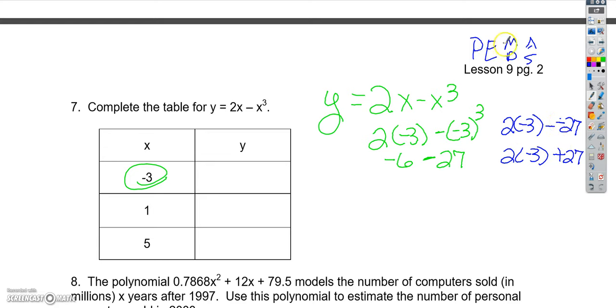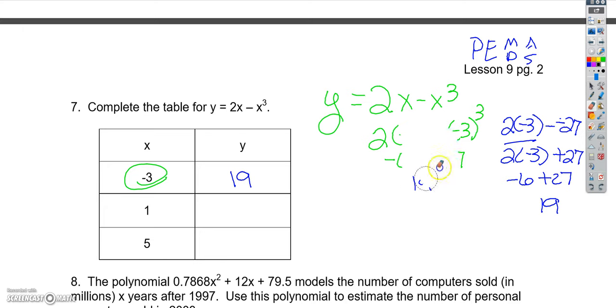Then no more exponents. Then we can multiply, and then we can put together and add. So this is 19. So we can see this would have become 19 as well.